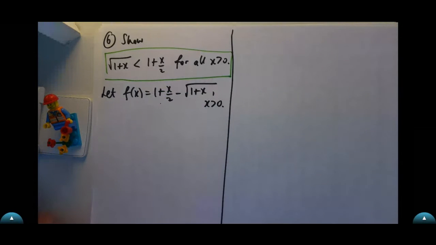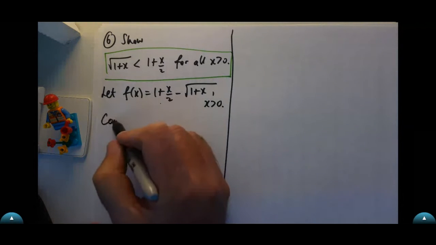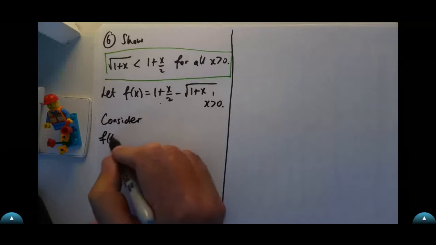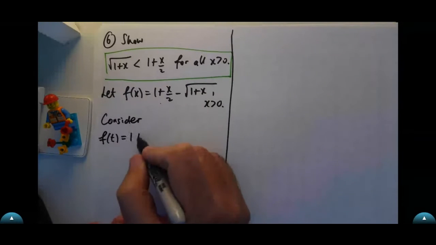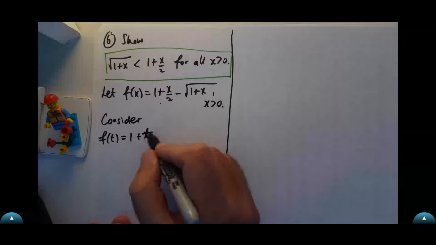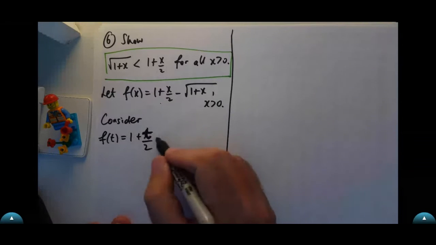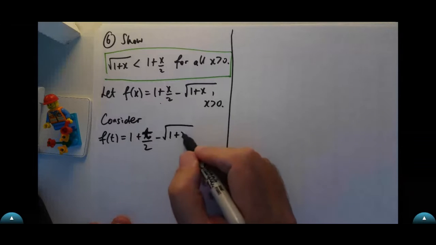Okay. All right. So usually the next step in this problem is to define a new function with different variables. So it's probably the same function, but just different variables.